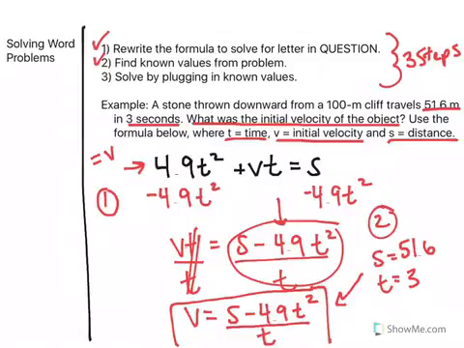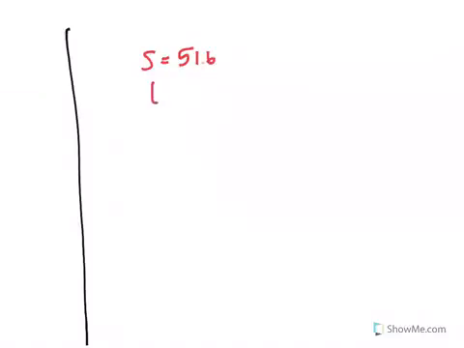So we're going to plug the values from step 2 into the equation. Let's go to a new fresh page for that. So we have s equals 51.6, t equals 3, and we have our equation, which is v equals... oops, let me make sure I'm getting this right. Oh, s minus that.